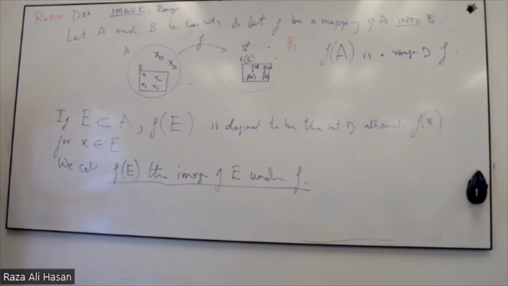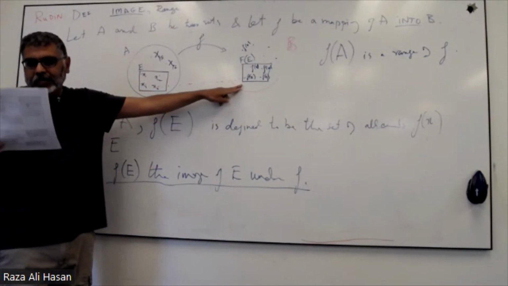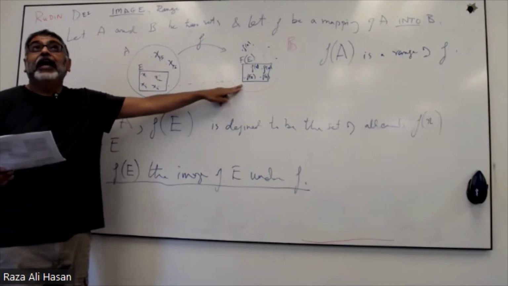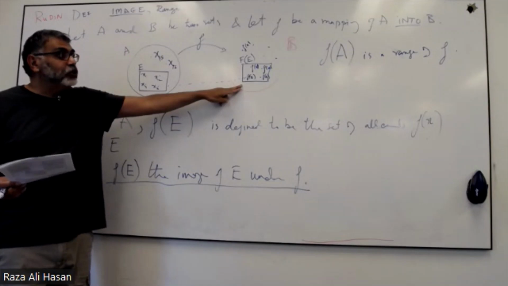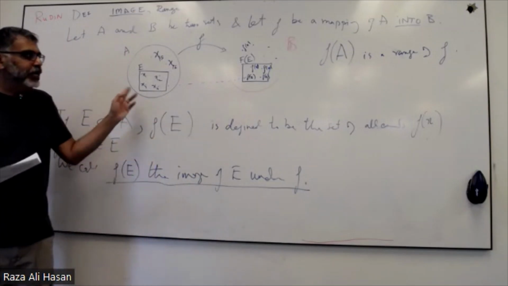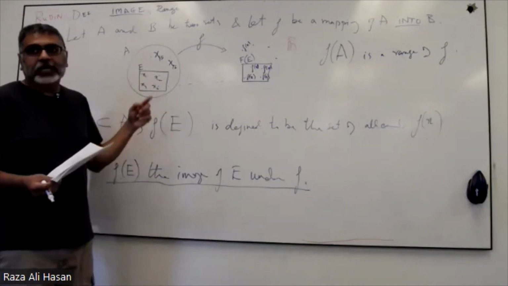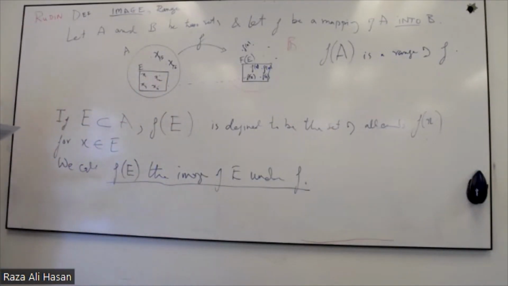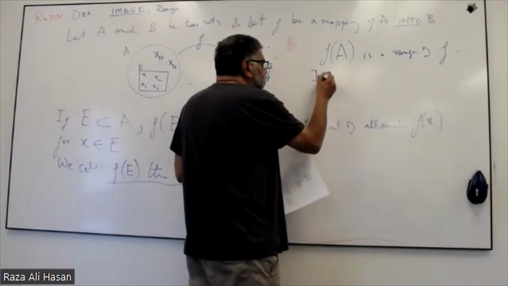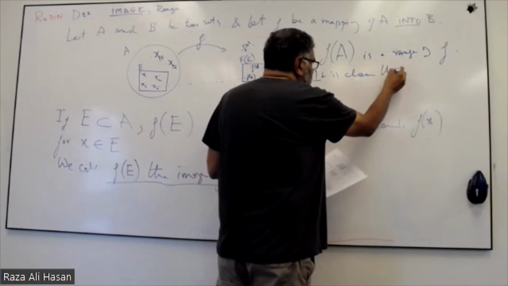The range means everything has an arrow coming into it. Does it? No, it doesn't mean that. It means all the elements that could get an arrow but not necessarily get them. Image is the one that actually is an image of something here. I think that's what the book says.